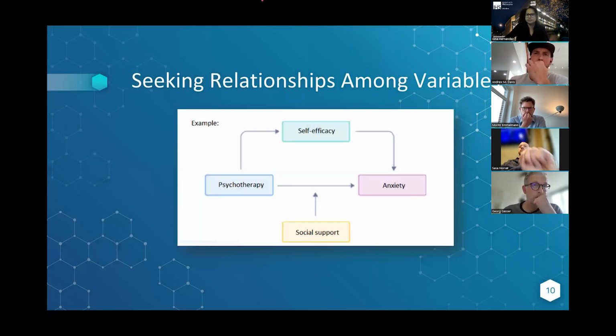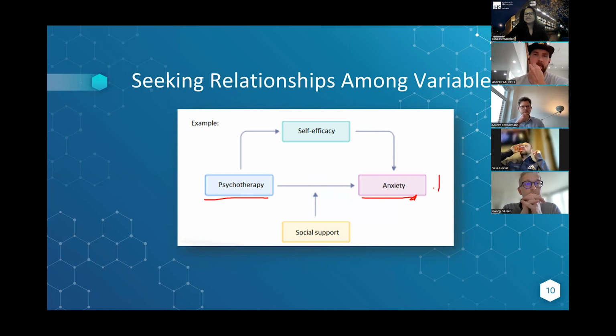Let's see this example. For example, we can assume that having psychotherapy will decrease the levels of anxiety experienced by someone. So we are expecting the more psychotherapy you have, maybe the less anxiety you will experience.